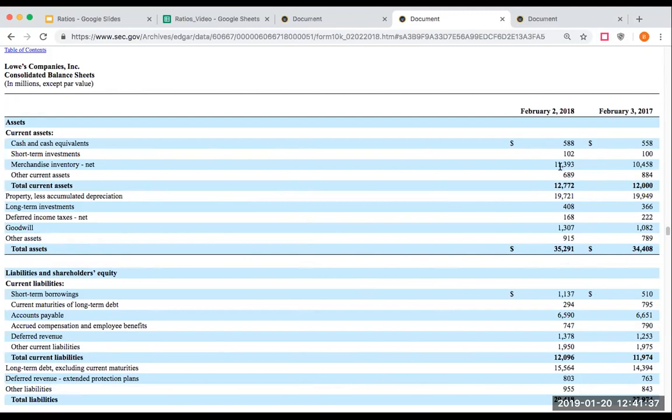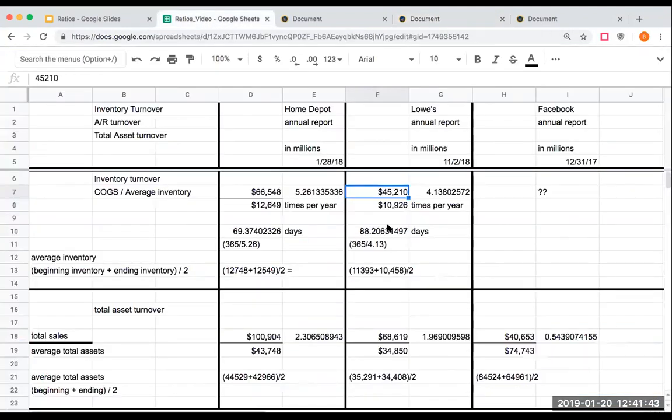Their ending inventory was $11,393 million. So right here, Lowe's has an average inventory of $10.9 billion. So their turnover is 4.13.